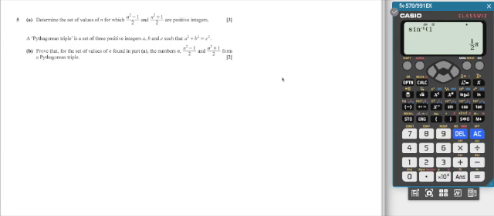So therefore, n squared minus 1 and n squared plus 1 have to be even. If that's the case, that means n has to be odd. So therefore n is odd.